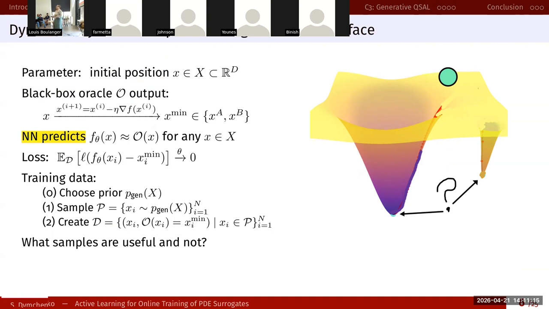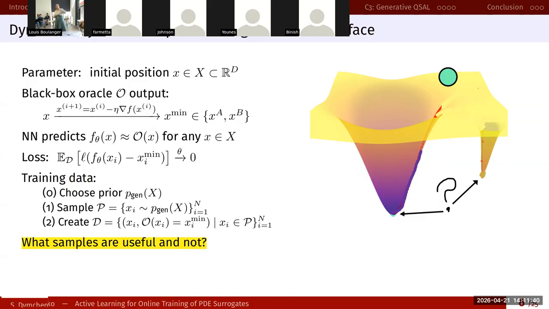So to train the neural network, we will need to create our data. Here we would choose the prior distribution over the parameter space of starting initial positions, then sample starting points from this prior, and obtain the outputs, the ground truth outcomes, with the oracle. But how to know which samples are useful or not?